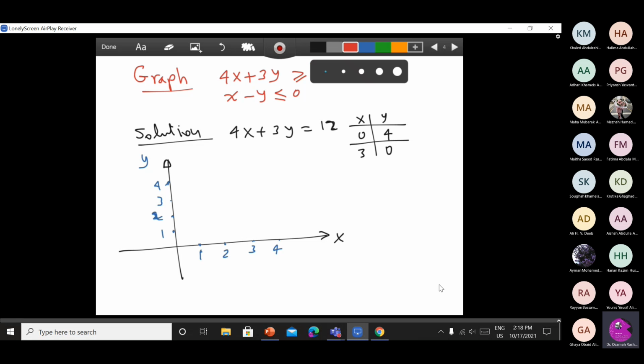Now the 2 points: 0 and 4, and 3 and 0. So 0 and 4, this is x 0 and y is 4. This is the point 0 and 4. And 3 and 0, this is the point 3 and 0. Now I just link these two together.